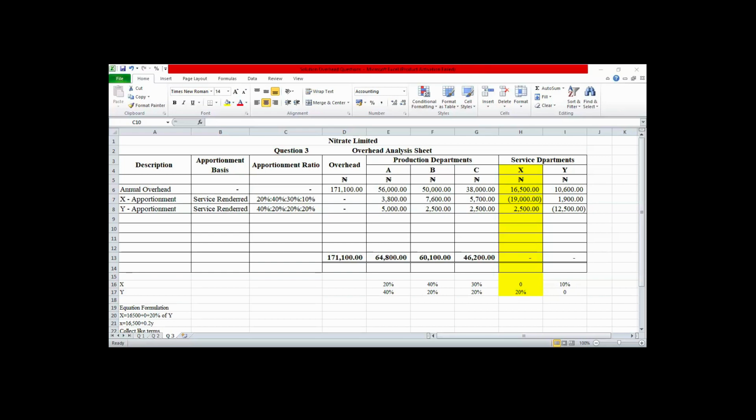What do we need? We need Y. We need to remove anything that will disturb.